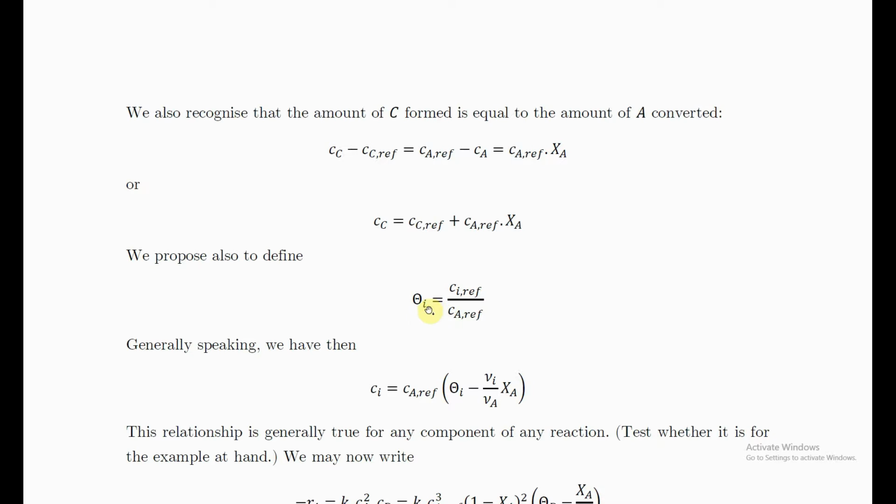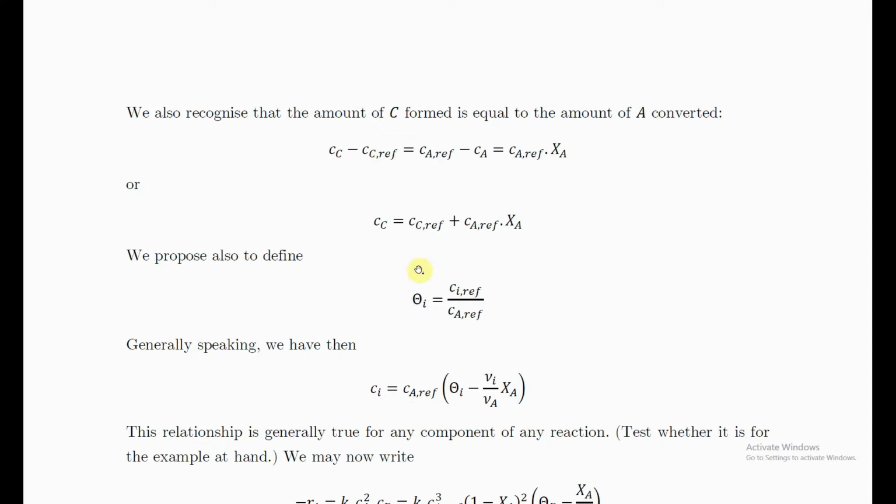So it's just a ratio of the initial or inlet amount of the component I divided by the selected basis component and its reference value. So with this definition, we can see now that we can write this nice general form for our concentration.